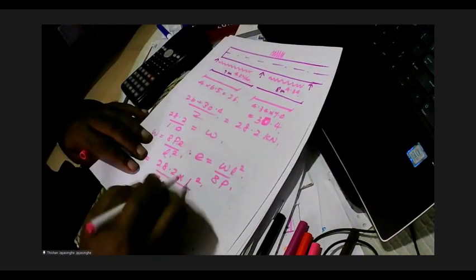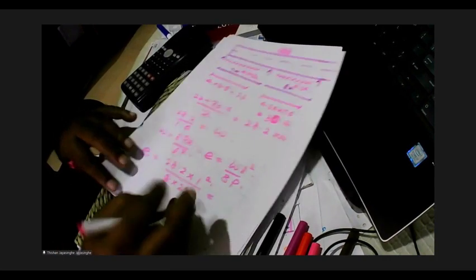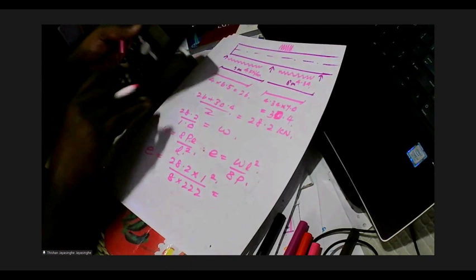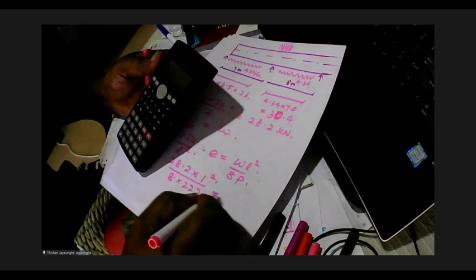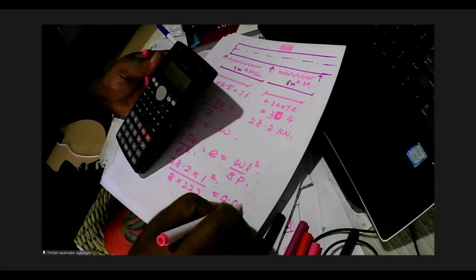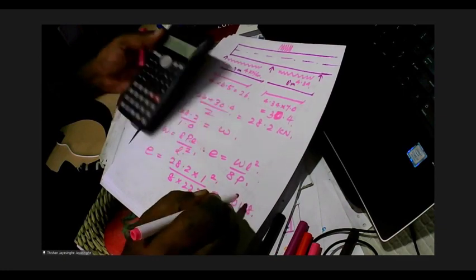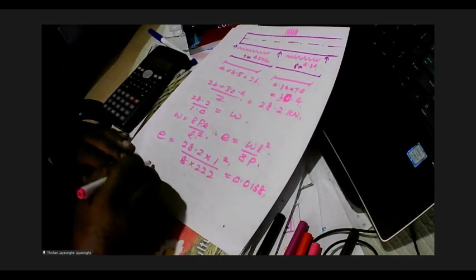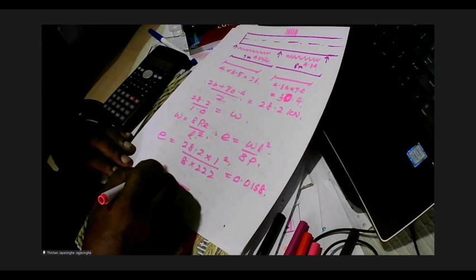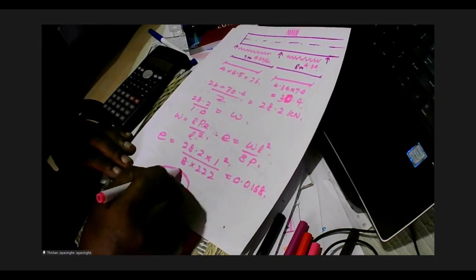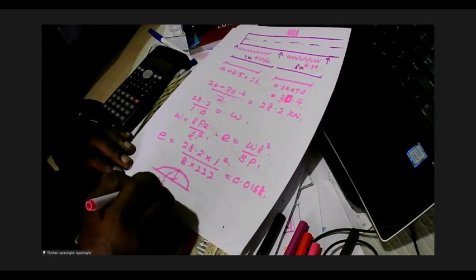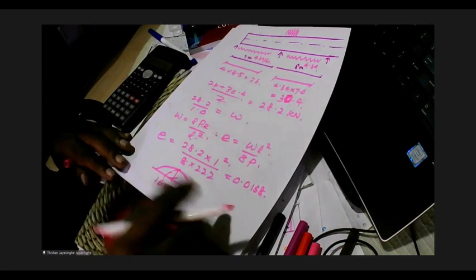P is 222. So you get 28.2 divided by 8 divided by 220, which is 0.0158. So that means when we are going this way, we need to have an eccentricity of about 16 millimeters.